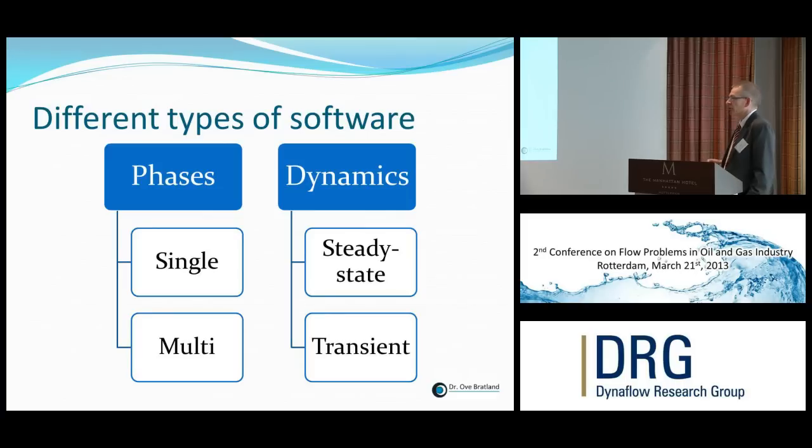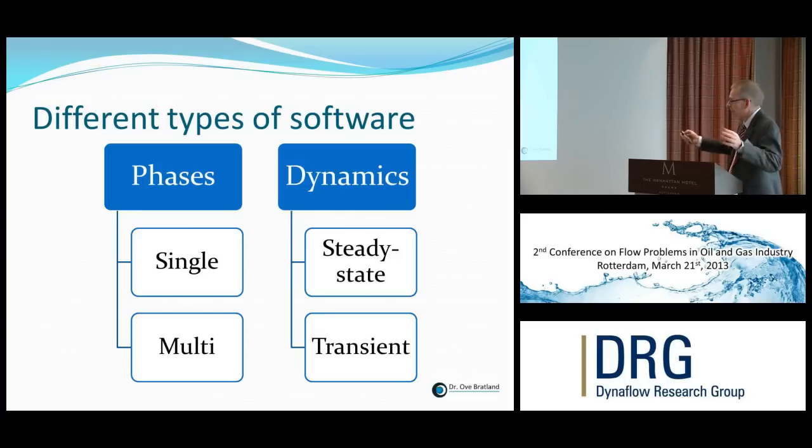So we may want to classify the different tools like this. They are single-phase or multi-phase. Or they may, to some extent, be multi-phase, but not fully. For instance, both fluids can simulate single phase, and they can also go into cavitation, which is kind of a multi-phase thing.